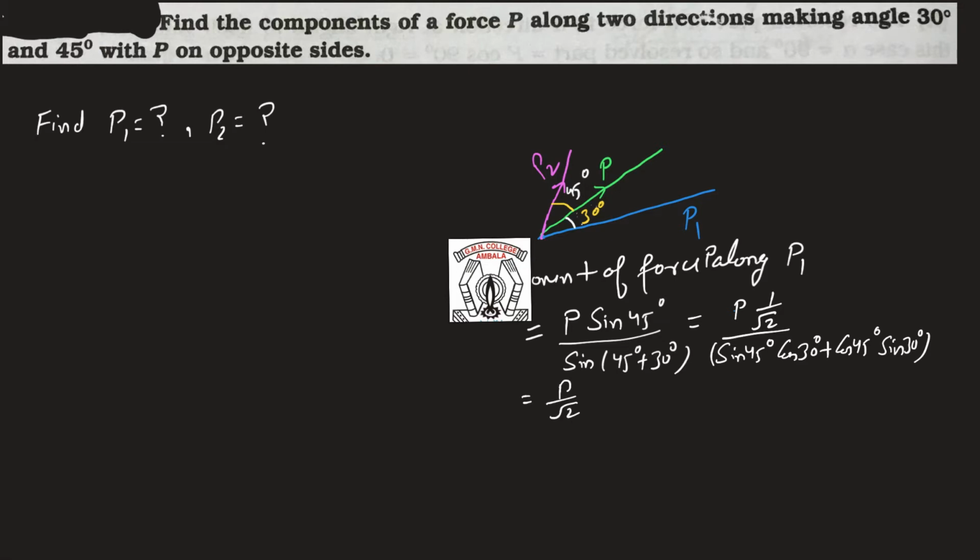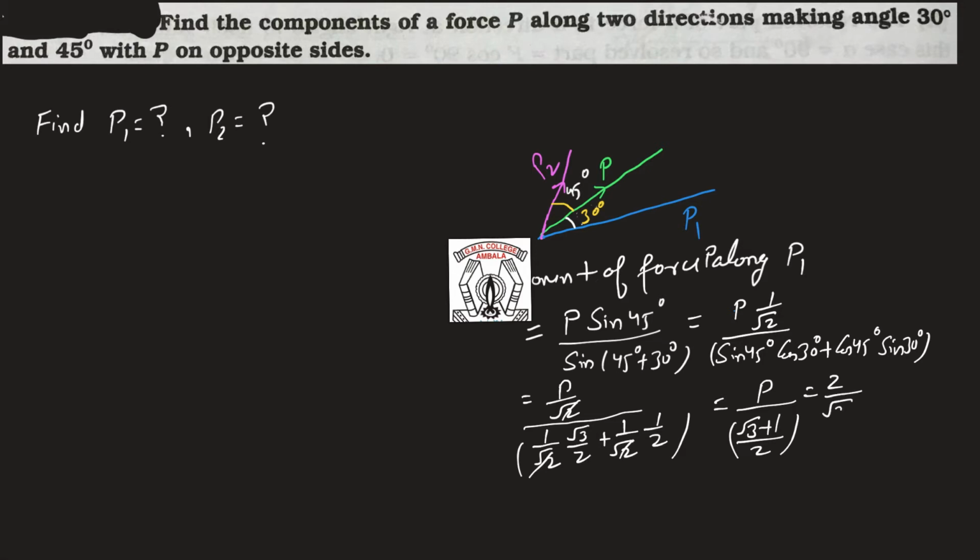P by root 2 divided by: sine 45 degrees is 1 by root 2 and cos 30 is root 3 by 2, cos 45 degrees is 1 by root 2 and sine 30 is 1 by 2. So this 1 by root 2 will cancel out. We are left with P divided by (root 3 plus 1) by 2, that is 2 divided by root 3 plus 1, times P.